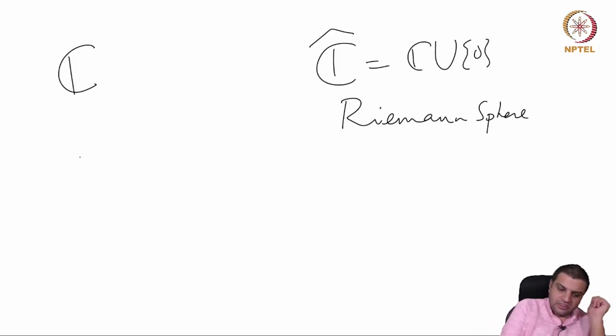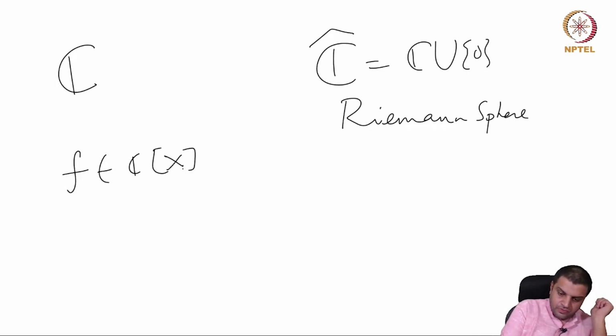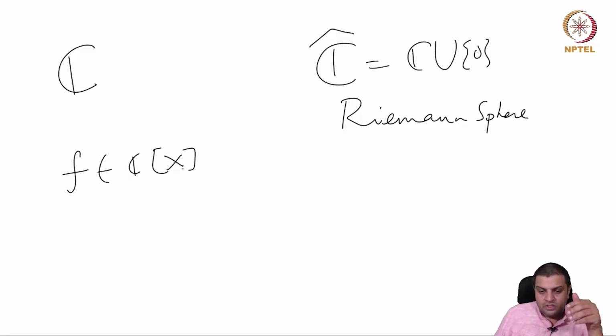Okay. Suppose we take a polynomial in one variable. Then if we look at C, it has no poles.